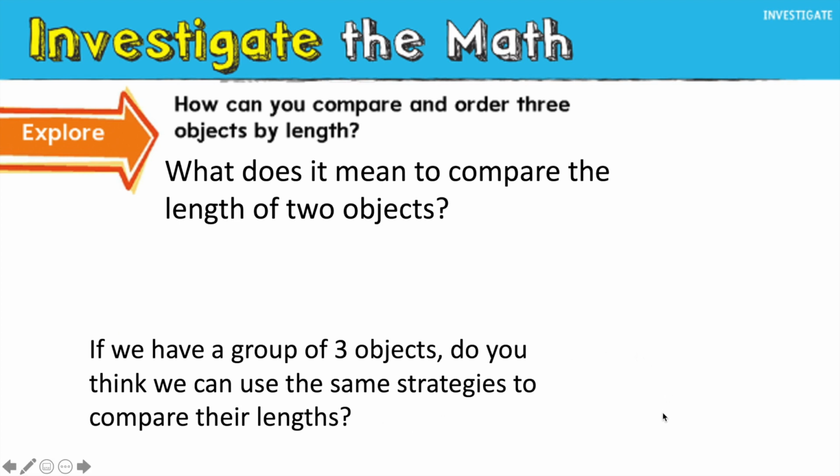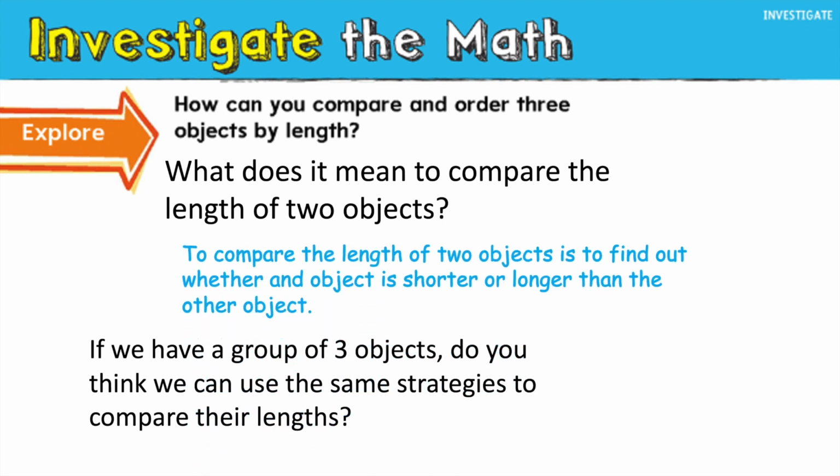How can you compare and order three objects by length? Let's think. What does it mean to compare the length of two objects? Yesterday we learned that the length of an object is the longest side of the object. To compare the length of two objects is to find out whether the object is shorter or longer than the other object.